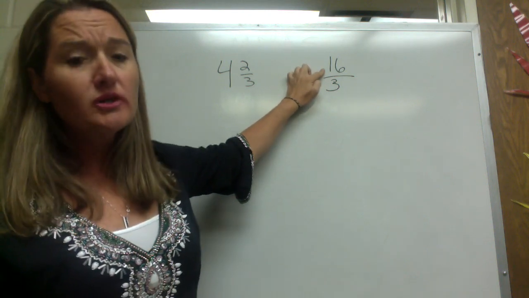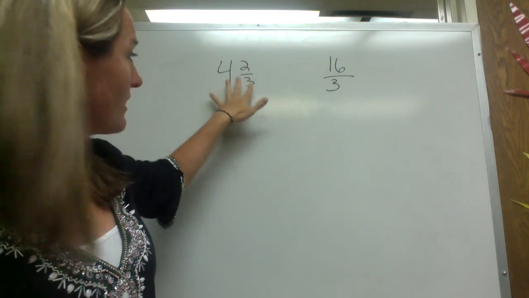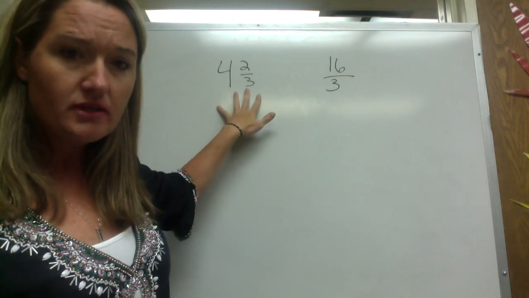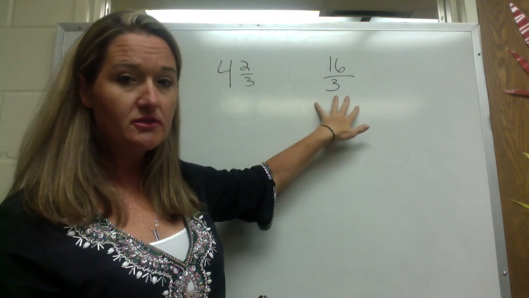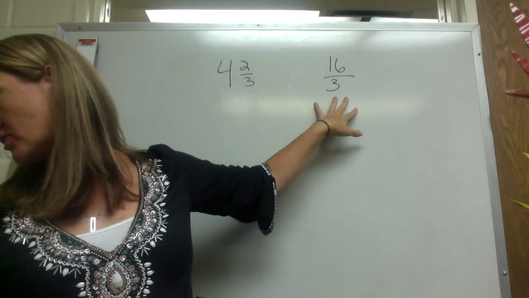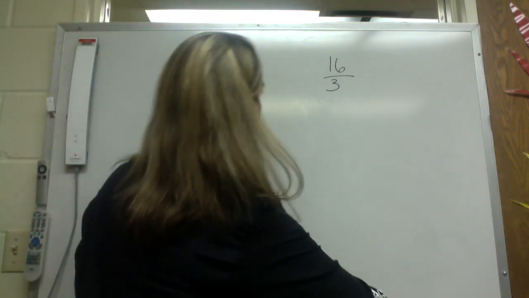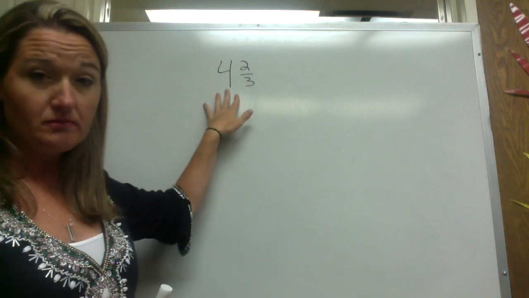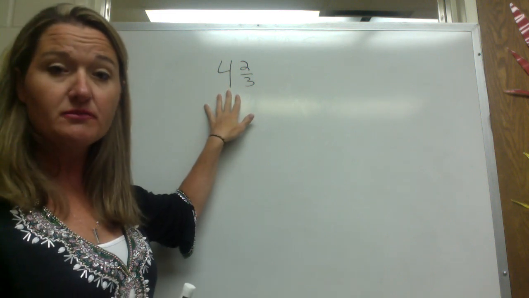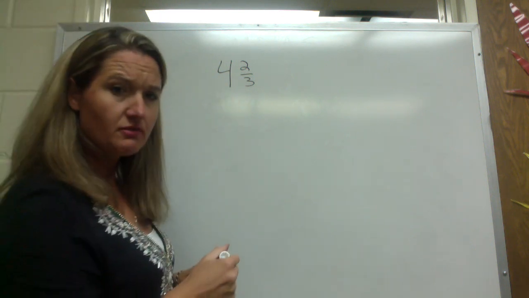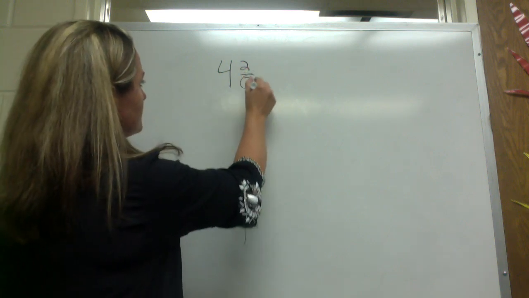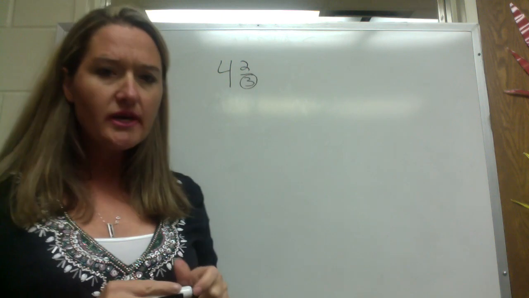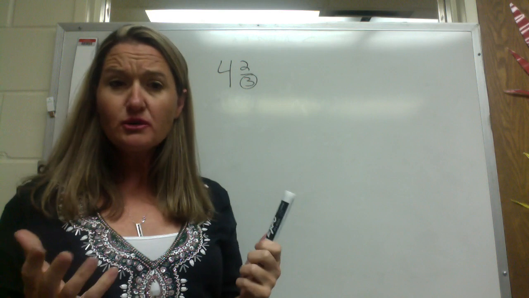We're going to learn today how to go between mixed numbers and improper fractions. The first section in your book talks about turning a mixed number into an improper fraction. Remind yourself, the denominator tells you that in every whole, I've got 3 pieces.